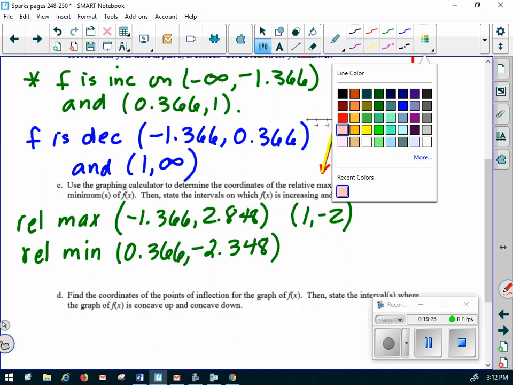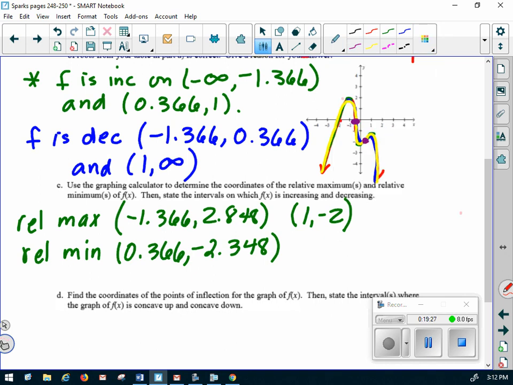Between this relative maximum here and this relative minimum here, what are the x values going to be? Add those up and divide by 2 for the x value. Add those up and divide by 2 for the y value.